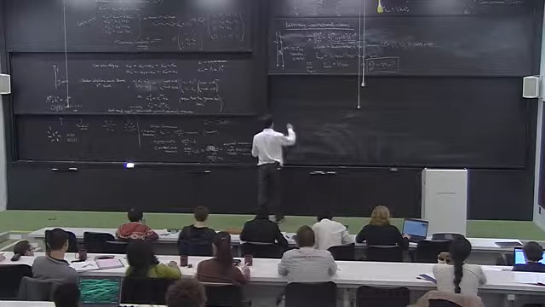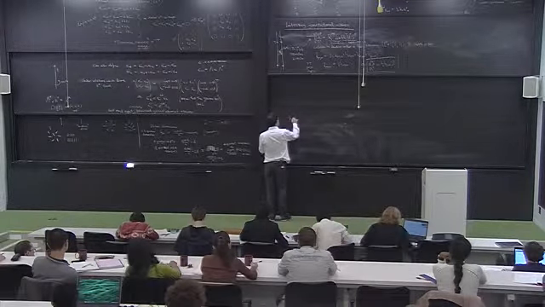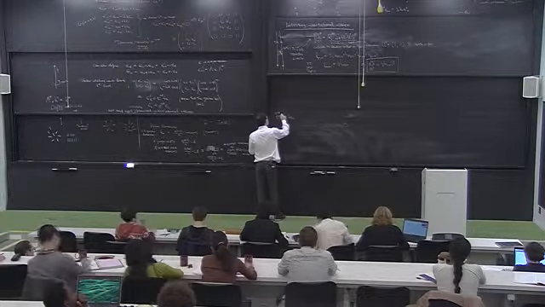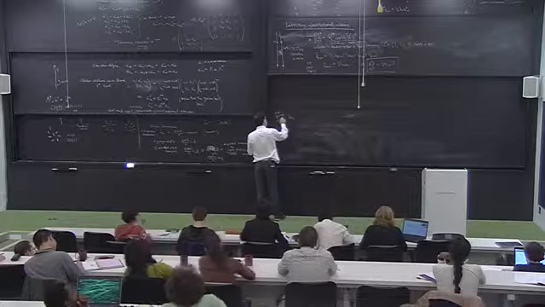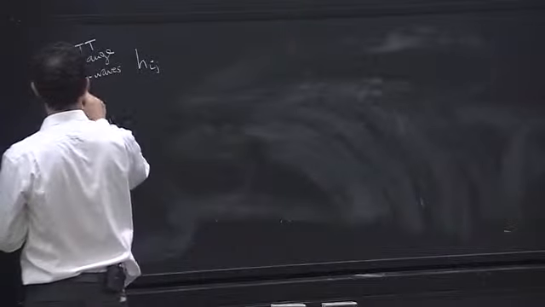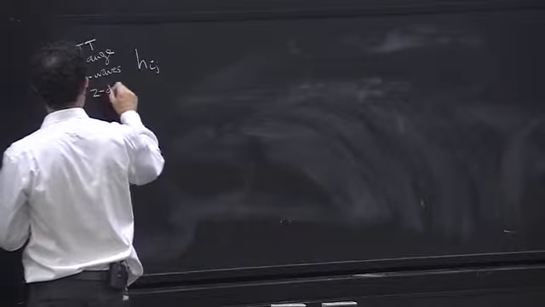Let's take our TT gauge gravitational waves, G waves, and we're going to take them in the Z direction.